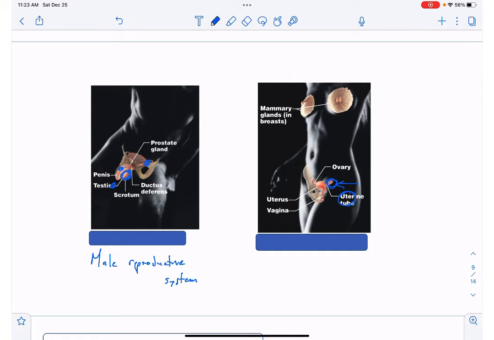And if fertilization occurs, it typically occurs in the fallopian tube. And then that new organism, that zygote, and then that embryo travels down and incubates in the uterus. This is the female reproductive system.